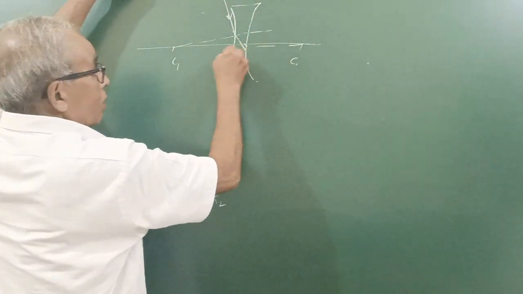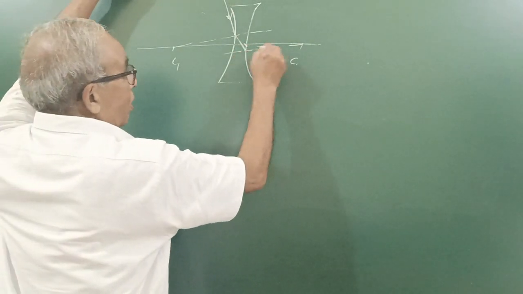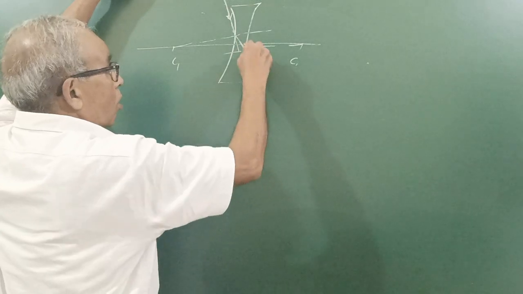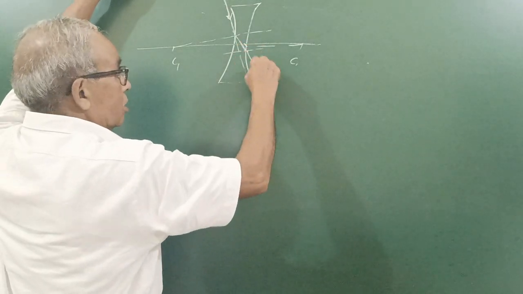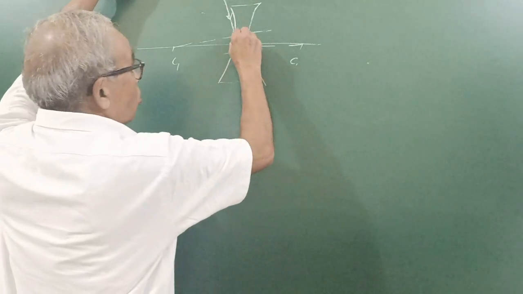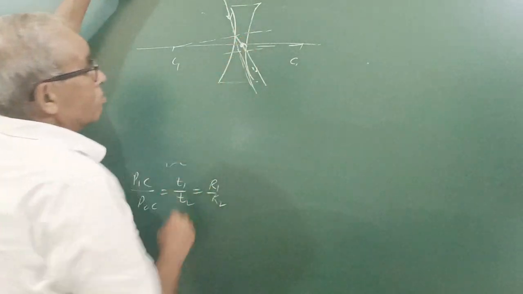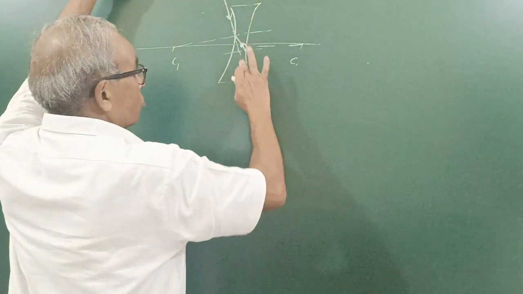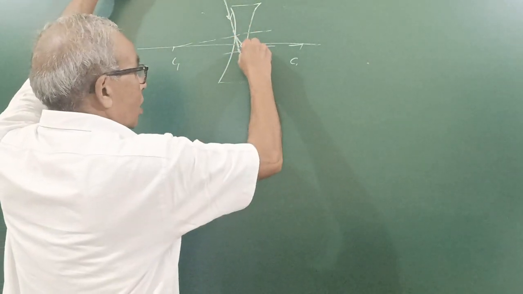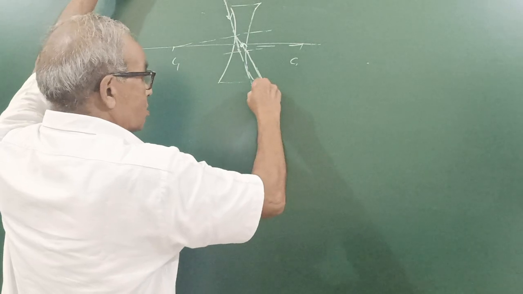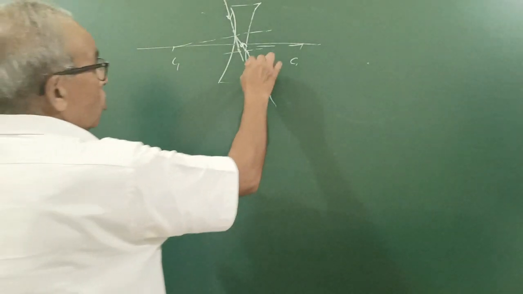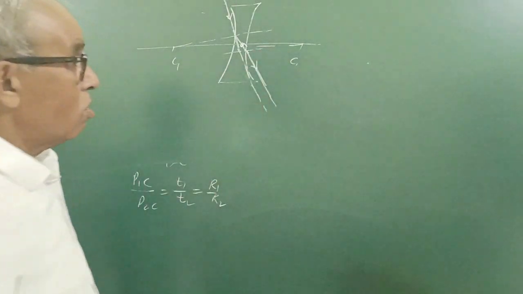Then it is normal here, and again it will bend away from normal. The ray was coming like this, and now after refraction it will go like this. So they remain parallel. So here the optical center is this. The ray was coming like this, after refraction it will remain parallel. So this is the case of concave lens.